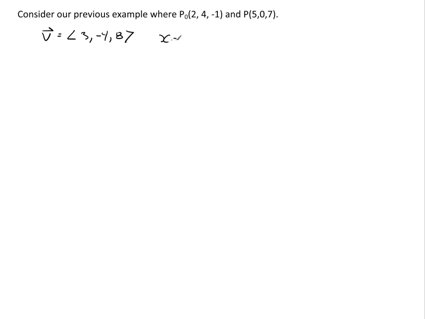And x is going to be equal to 2 plus 3t, my initial point, x naught, plus t times v, so there's my 3 times t.